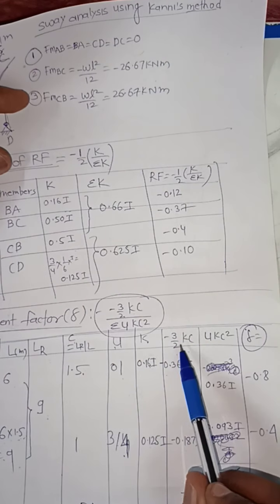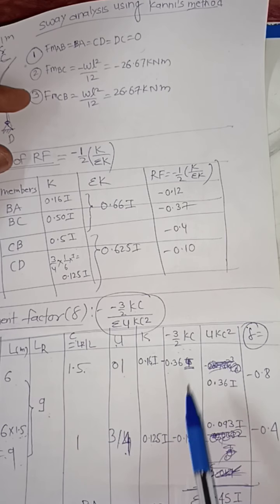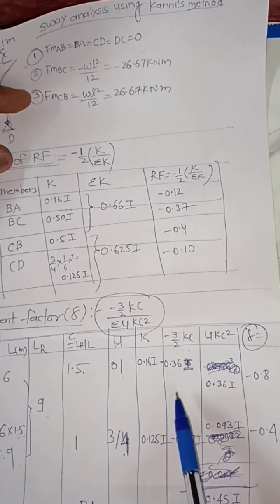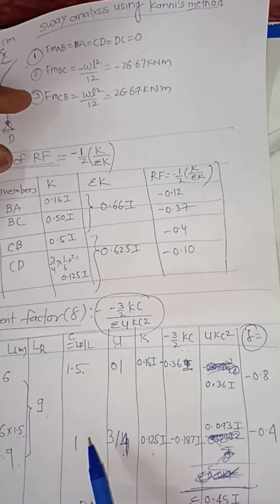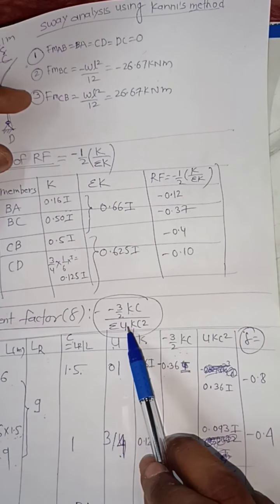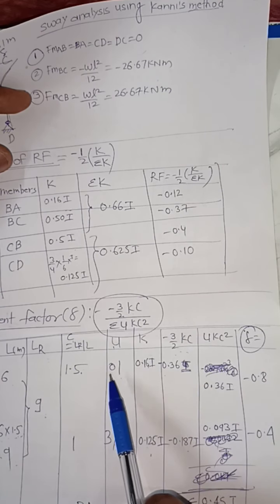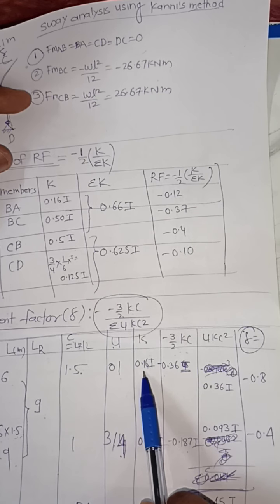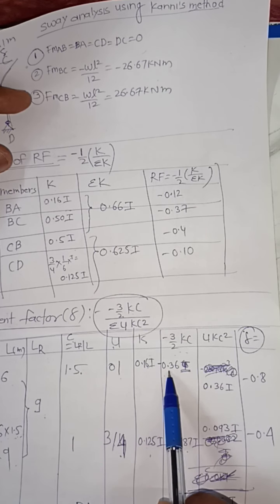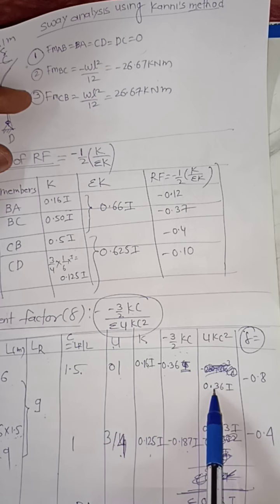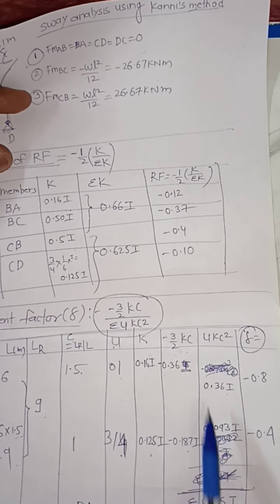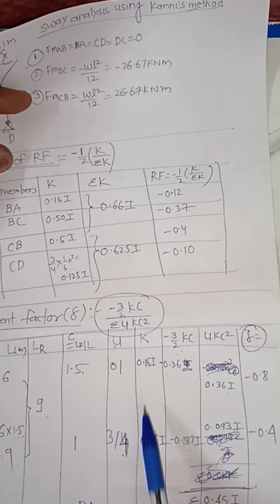Similarly for the next part, minus 3 by 2 kc: K is 0.125 into C is 1, so 0.187 will be the answer. The next is the denominator part, UKC square. U is already 1, K is 0.16, and C square is 1.5 square, so that is equal to 0.36. Similarly for the next part, UKC square: U is 3 by 4, K is 0.125, and C is 1 square, so 0.093 will be the answer.